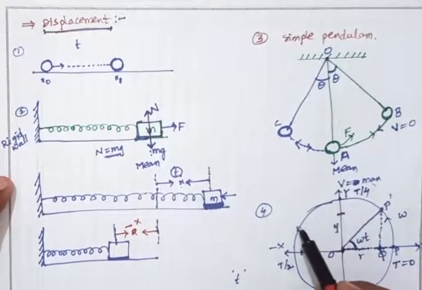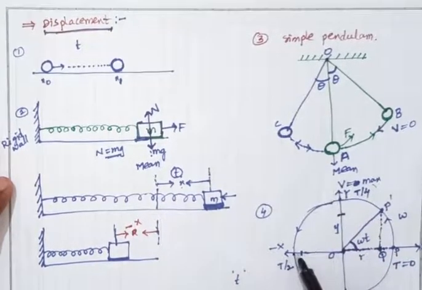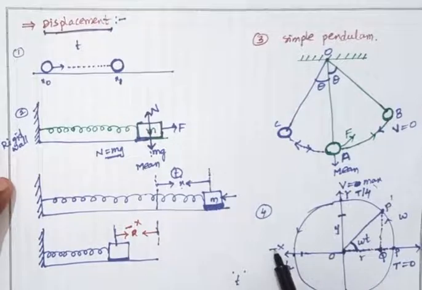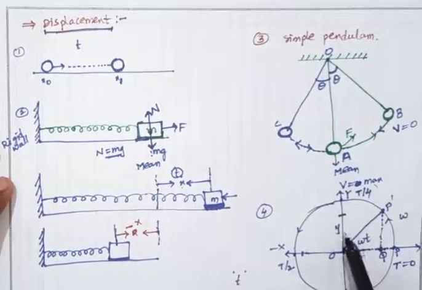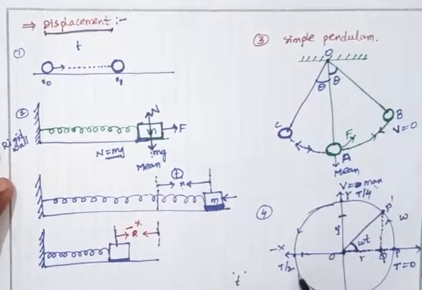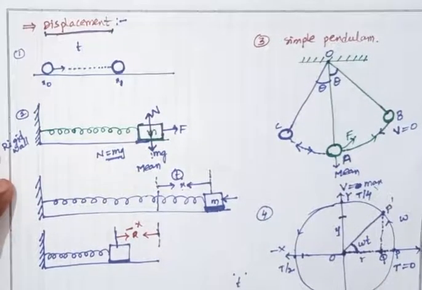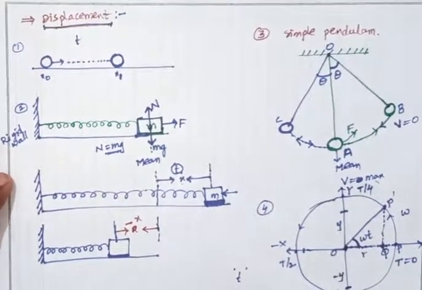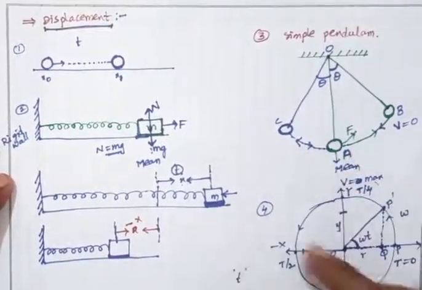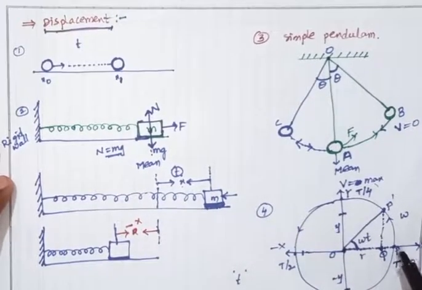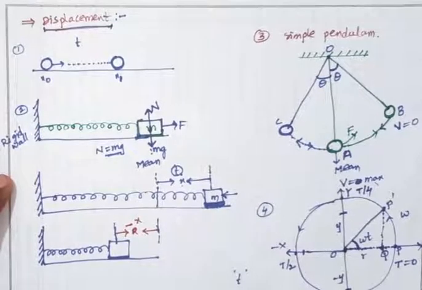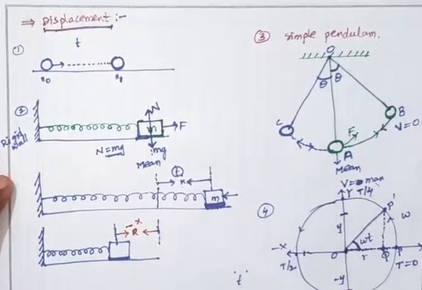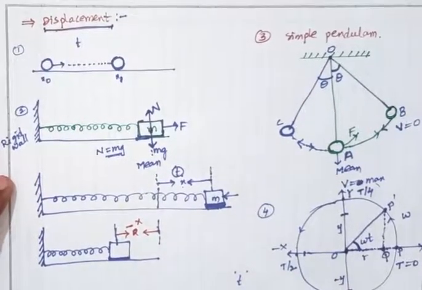When the particle is at the negative x-axis position, the displacement is 0. Again it moves and becomes negative y. So this is uniform circular motion, and the particle also performs oscillatory, to and fro motion.